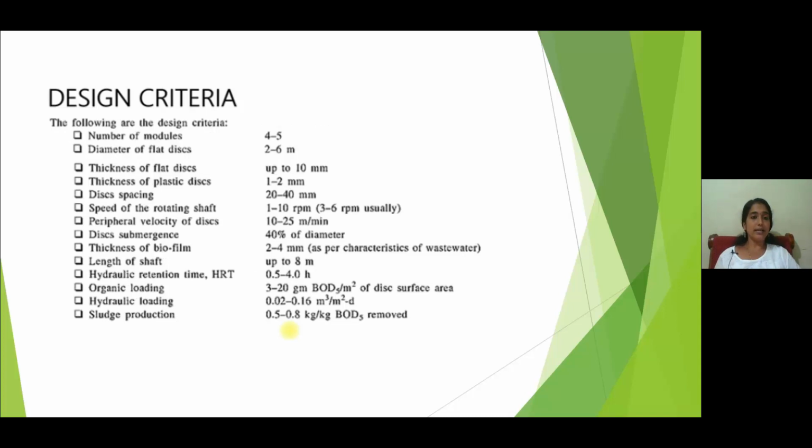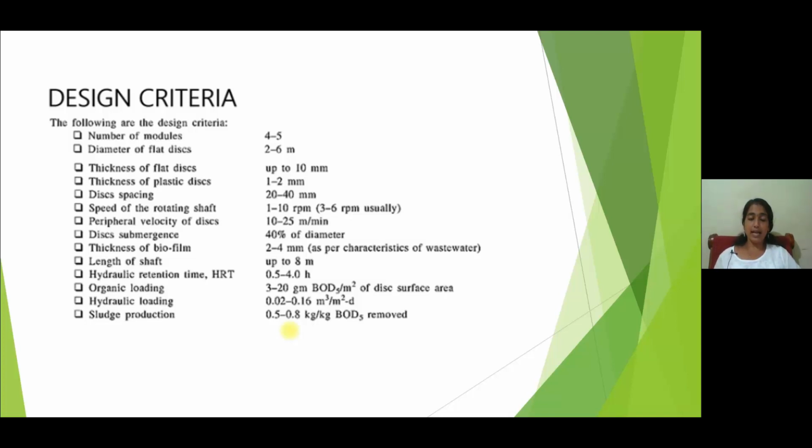These are the design criteria: the number of modules should be a minimum of 4 to 5, and the diameter of the flat disk should be 2 to 6 meters, then the thickness of the flat disk up to 10 mm. If plastic discs are used, then the thickness should be 1 to 2 mm, and the disc spacing 20 to 40 mm.